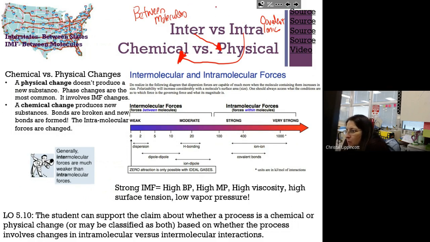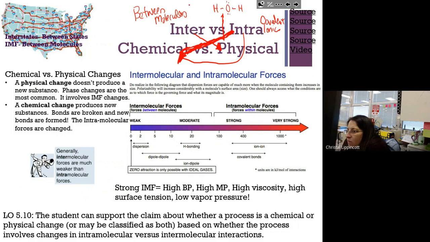So for example, if we have water, okay, we've got our water. If I break this bond here, that is a chemical change. If I break that water, that is intramolecular. It is a chemical change.